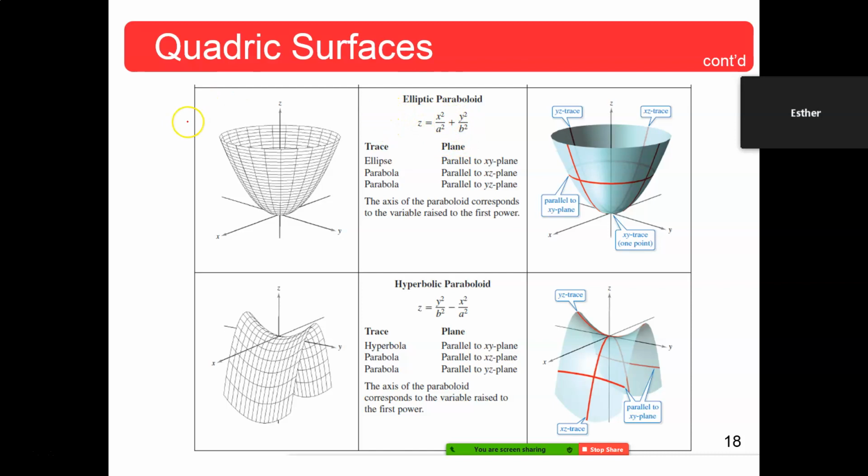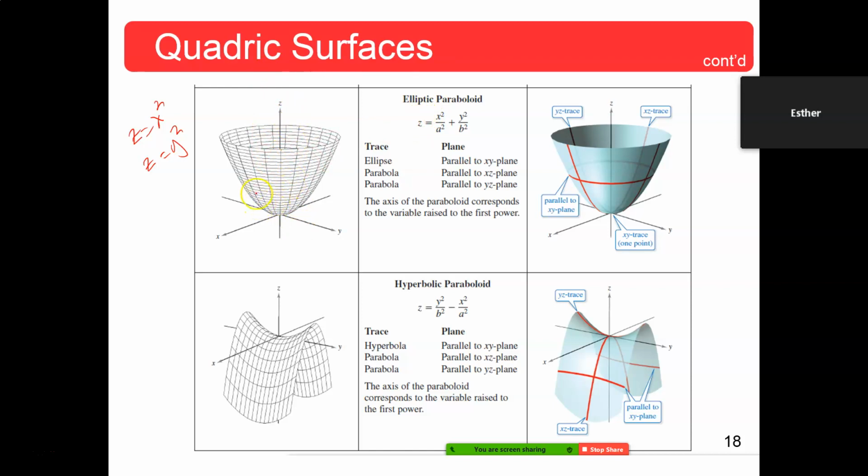Well, remember, that was what your paraboloid was. Z is equal to x squared, or Z is equal to y squared, or y is equal to x squared, or x equal y squared. I mean, any one of those. So your axis is the thing to the first power here for an elliptic paraboloid.